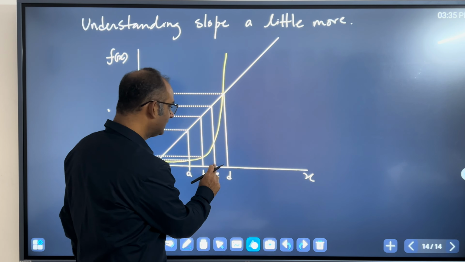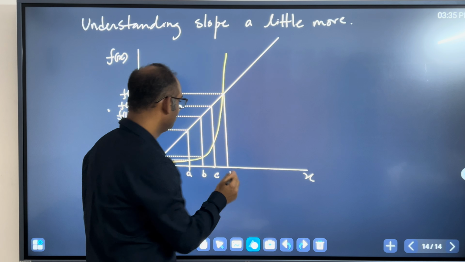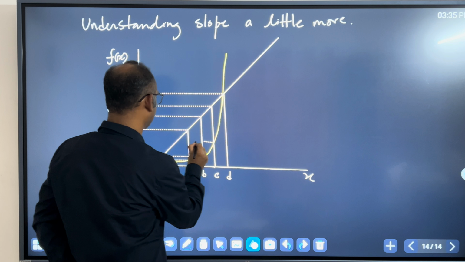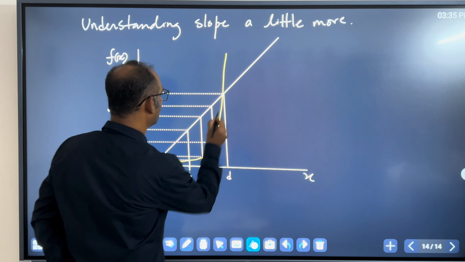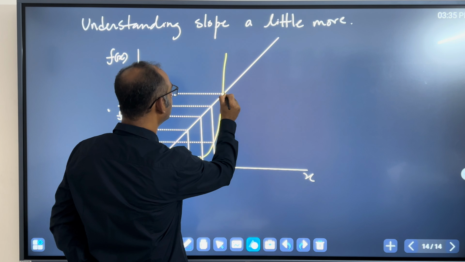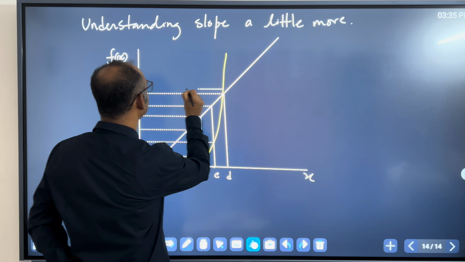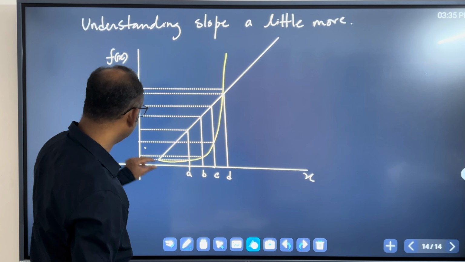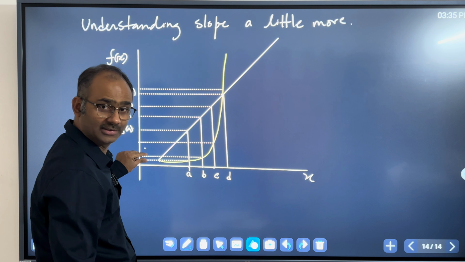But when you are at point C and you go to the next 1 kilometer, at point C, what's the value here? It's here. And at point D, the value is here. You see? When you go from A to B, the increase in height is this much.